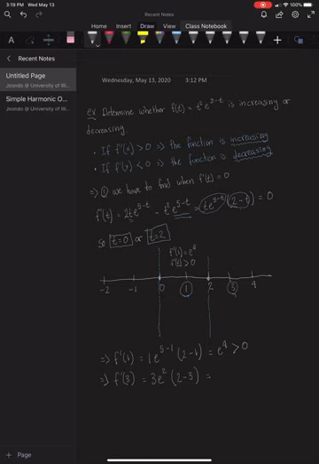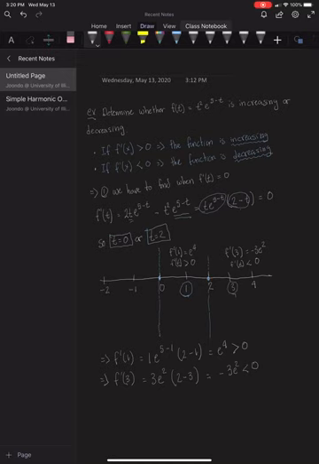What we get is minus 3e squared, and this is clearly less than 0. So f prime of 3 is equal to minus 3e squared, and therefore f prime of t is clearly less than 0.